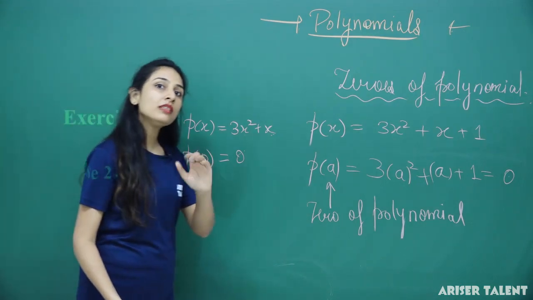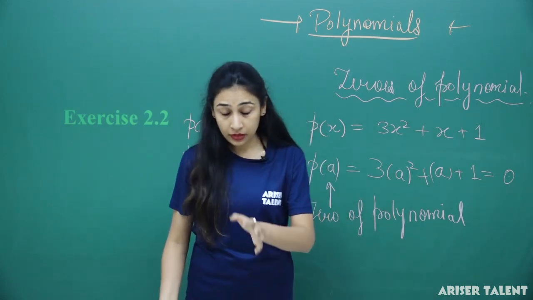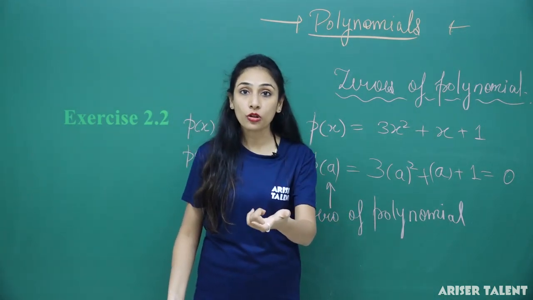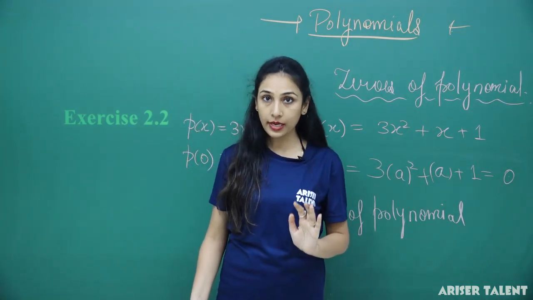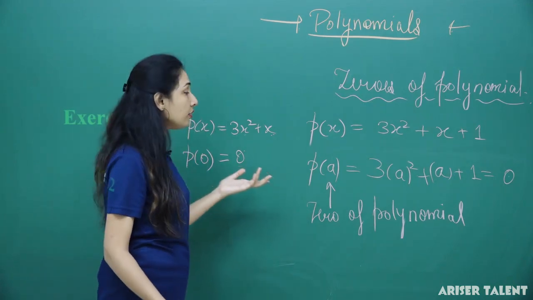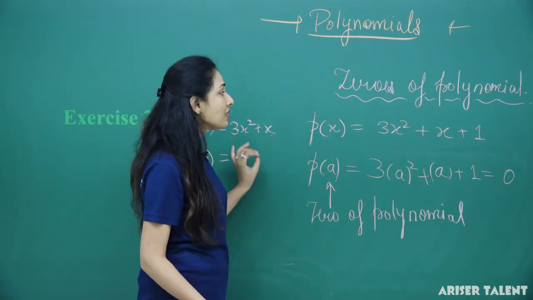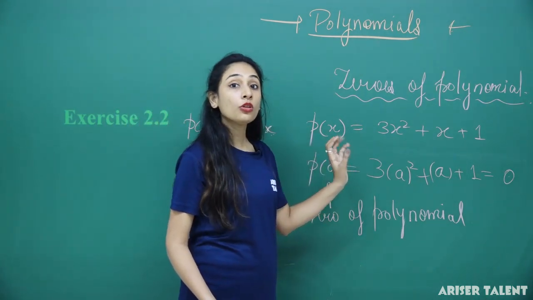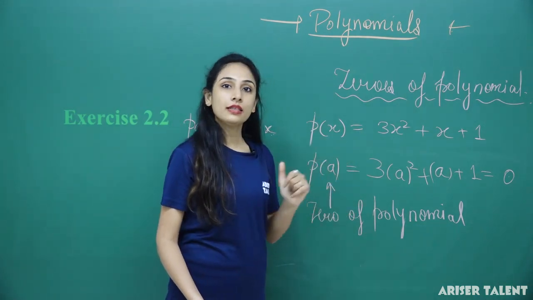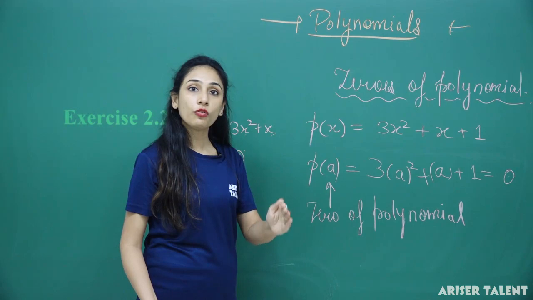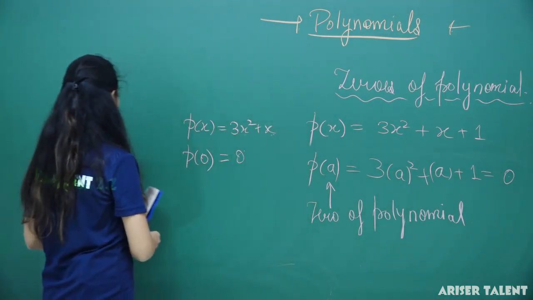So, 0 may be a zero of a polynomial, but it is not always true. It also may not be the zero of a polynomial. It depends. If it makes the value of p(x) equal to 0 at that particular x, only then it is a zero of a polynomial, otherwise it is not. Okay, understood?